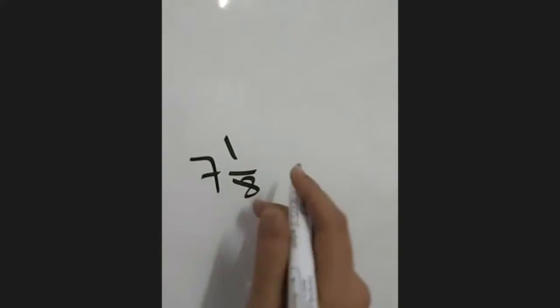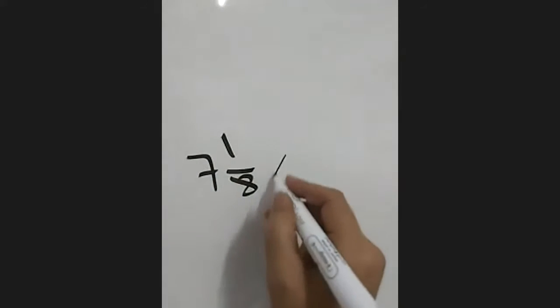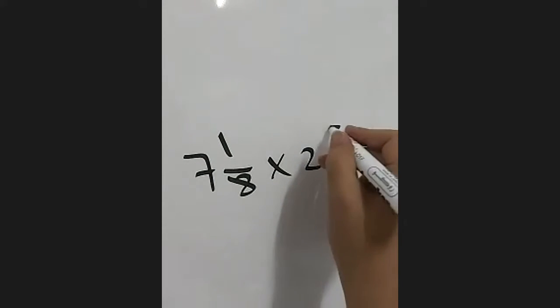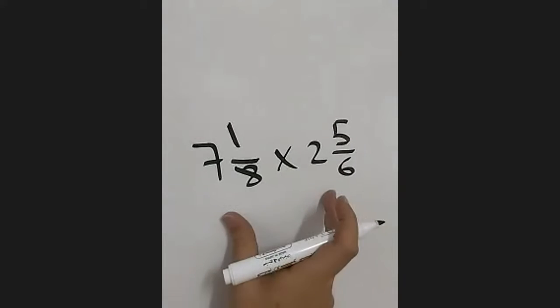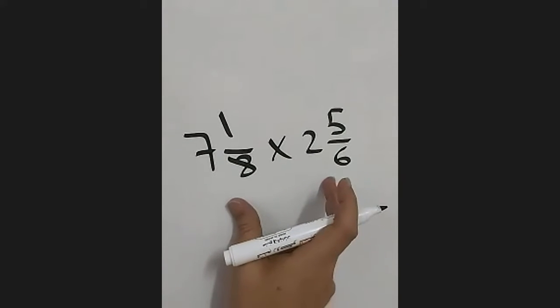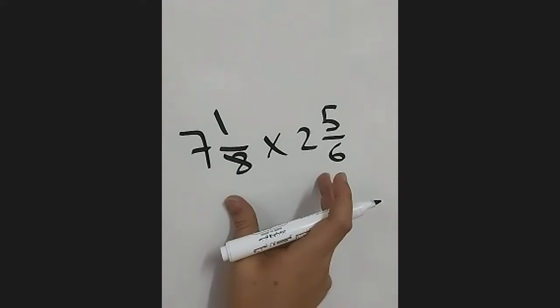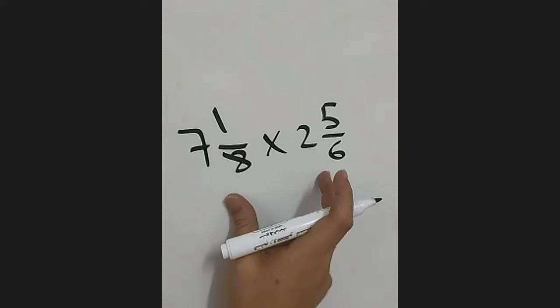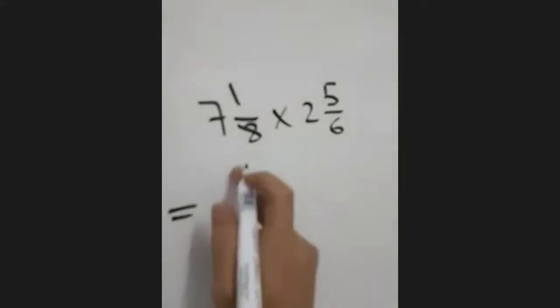7 and 1 over 8 multiply 2 and 5 over 6. These two numbers, look at the board. Are you sure? Okay. Now the first step, we turn them to fractions.